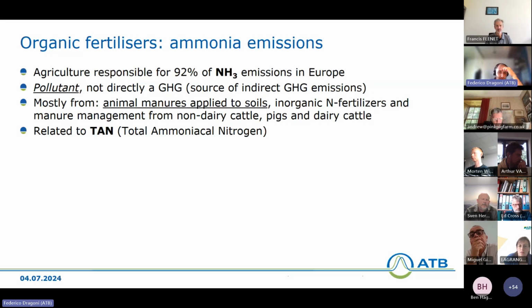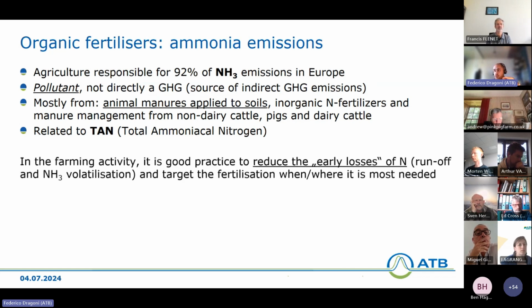And even if it's not a greenhouse gas, it leads to the production of greenhouse gases indirectly, and it is a pollutant. 92% of the ammonia pollution in Europe comes from agriculture, and a good part of this comes from the application of animal manures to the soil, which leads us in the end to say that at farming level, the good practice is to reduce the early losses of nitrogen, which are mostly early ammonia losses, but also the runoff, so that most of the nitrogen stays in the soil and can be used by the crop.